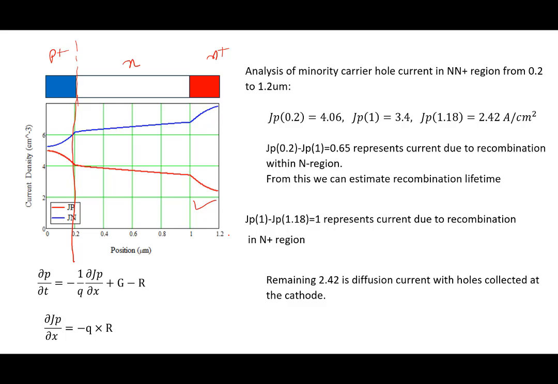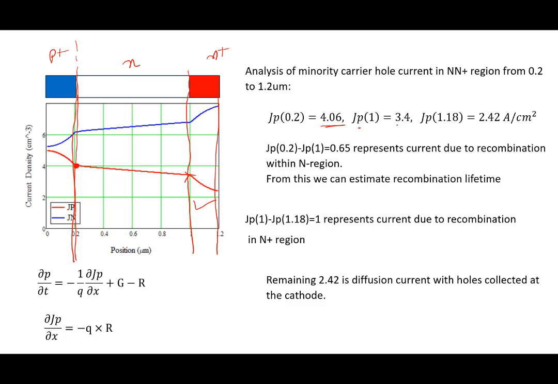So if I start from here and look at this region, from here to here, what do I see? I see a certain amount of current at this particular point. So holes are being injected, right? If I read the value, I see Jp at 0 is 4.06 at this particular point. Then I come to this edge and read the value here.